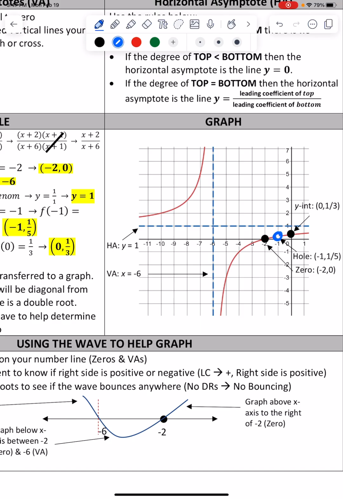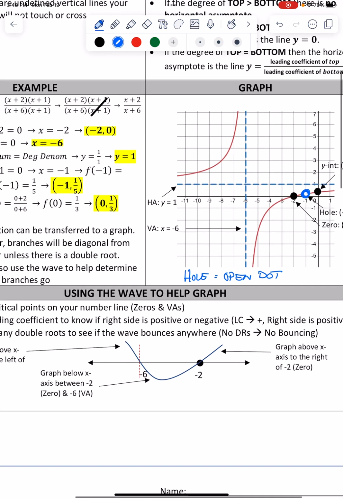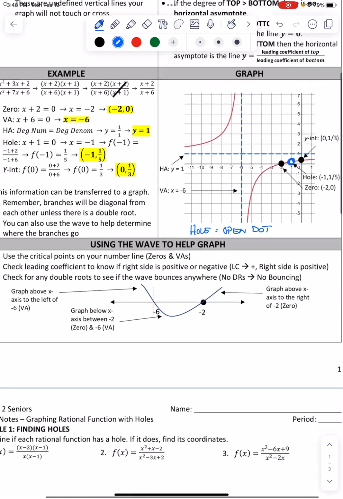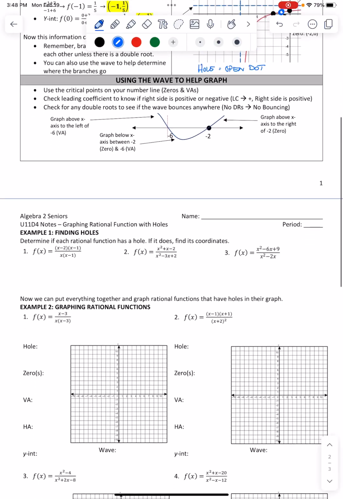So make sure when we put a hole on the graph, it is an open dot, all right? And then again, we can use the wave if we need it. Most of the time we won't need it, but sometimes we will.